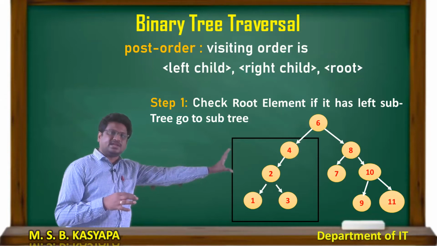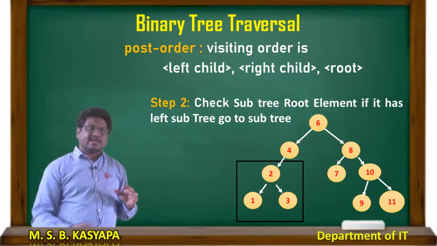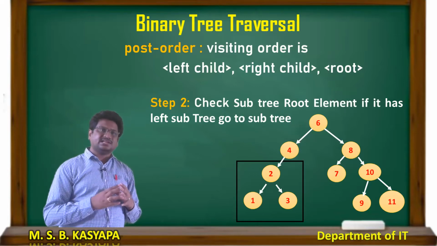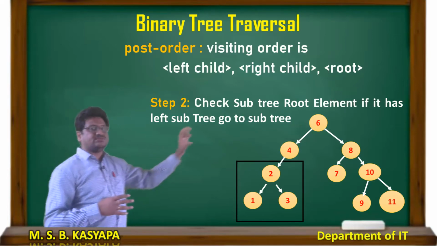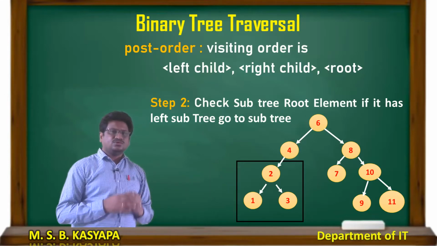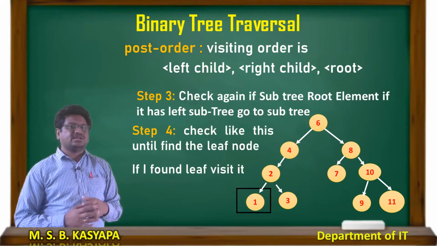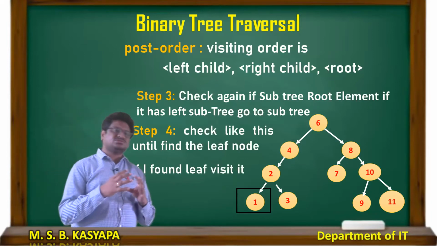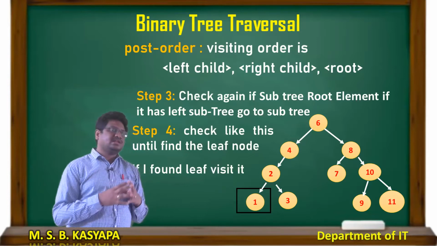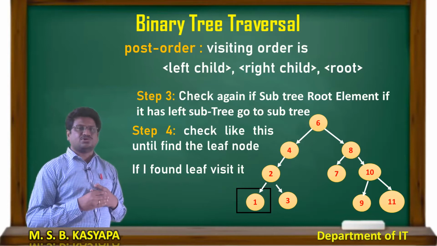In this subtree, 4 is the root node. Can I visit 4? No. Again I have to check whether 4 has any left subtree. It does, that is 2, 1, 3. Now again I check whether 2 has any left subtree. Until how many times do I have to do this process?